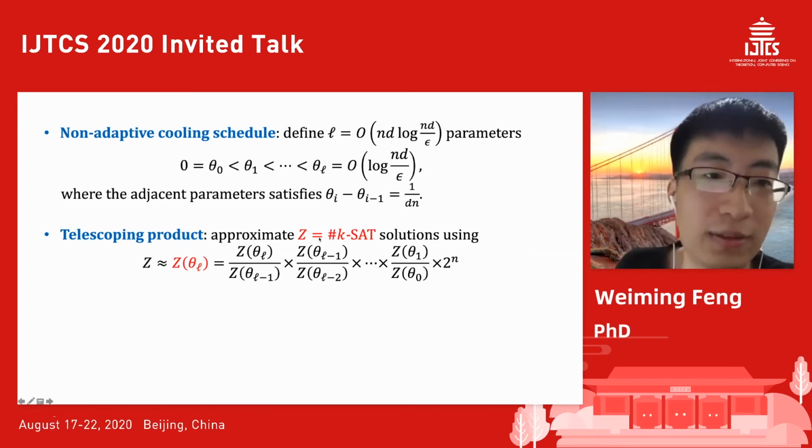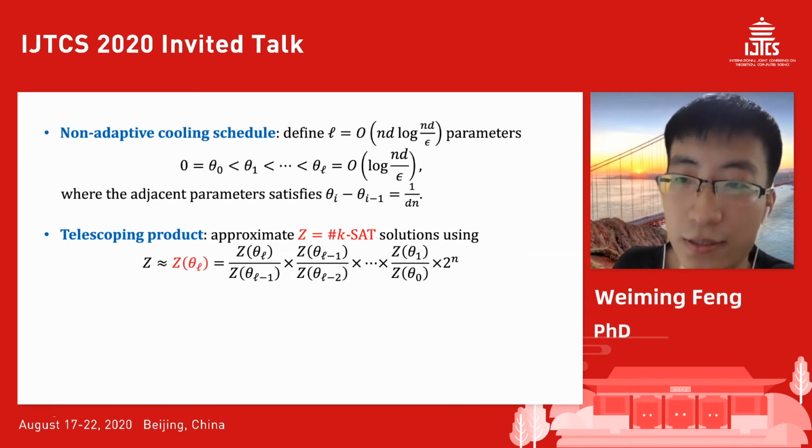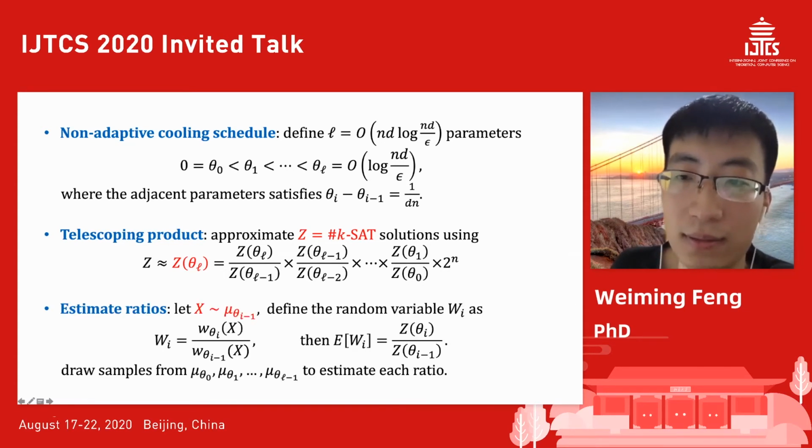Now to estimate the number of solutions, we only need to estimate the value of Z theta L, and we use the following telescoping product to do this task. The equation holds because Z theta 0 is precisely 2 to the n. Now our task is to calculate every ratio in this telescoping product.